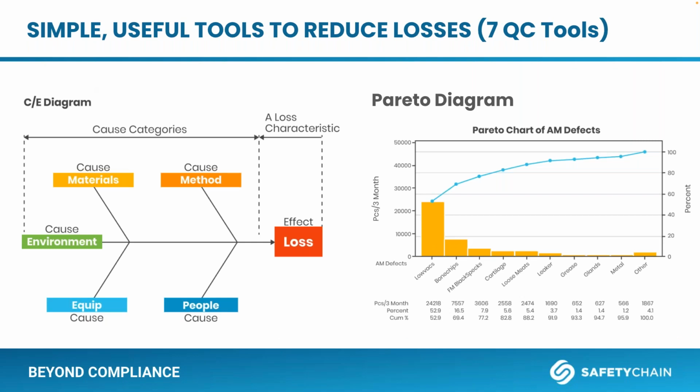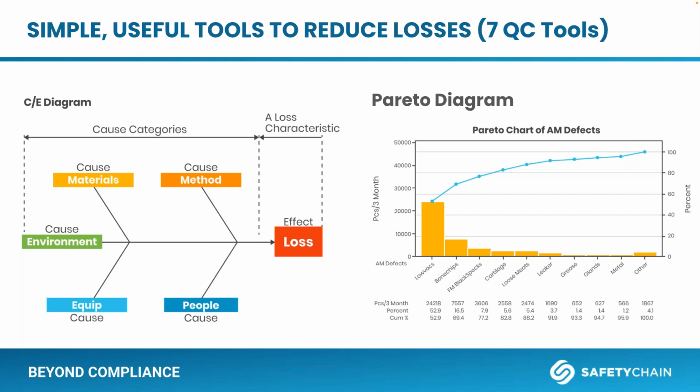Tools are useful. These are just a couple simple tools. And again, some people might be aware of them. They're part of what are called the 7 QC or quality control tools. The one on the left is called a cause and effect diagram. Another name for it is a fishbone diagram because it looks like a fish.